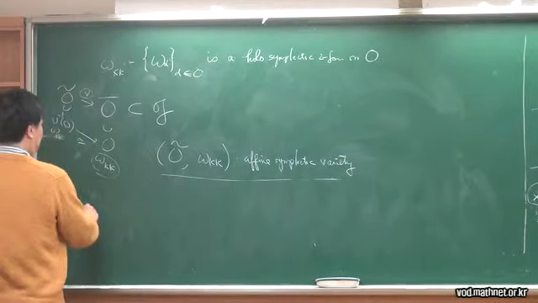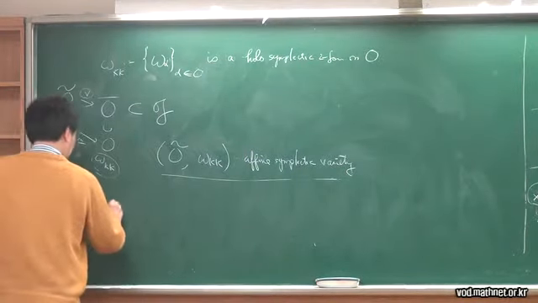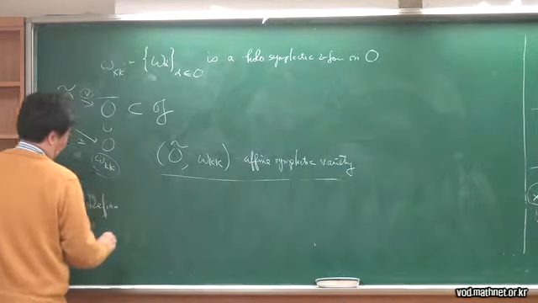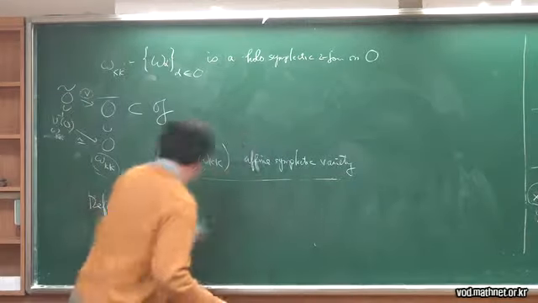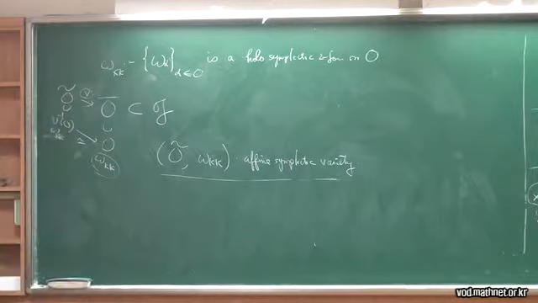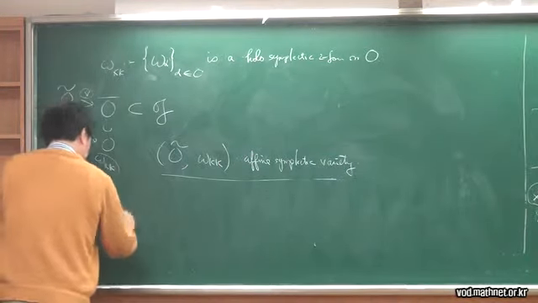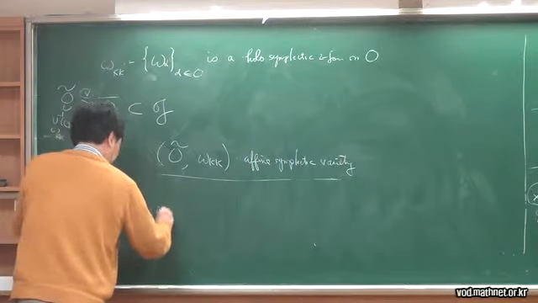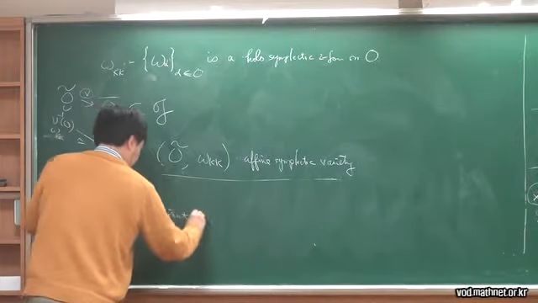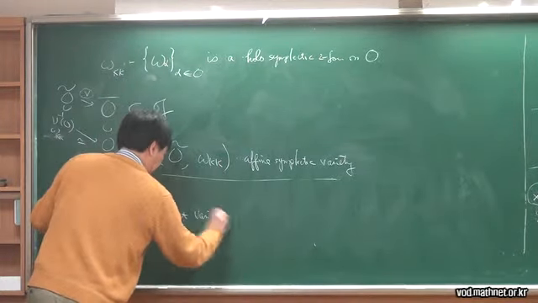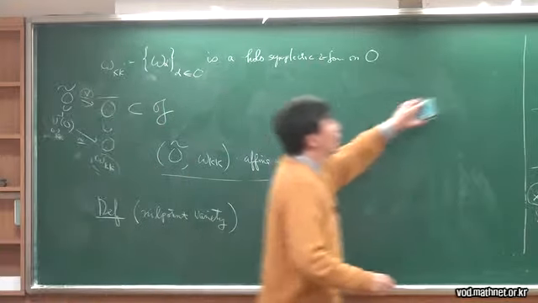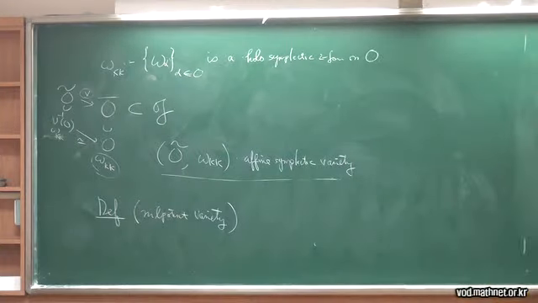And here we define the nilpotent variety, which plays a main role in this talk. So, definition: a nilpotent variety is nothing but the set of all nilpotent elements in g.